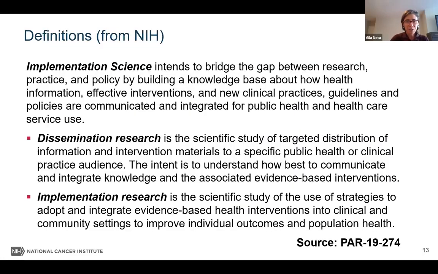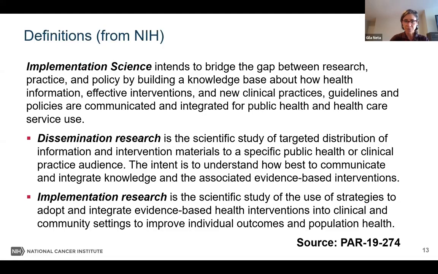So moving on and returning to definitions, I wanted to highlight how we use these terms. And these come from the Trans-NIH funding opportunities I'll be describing momentarily. But we see implementation science as bridging the gap between research and practice and policy, as Janelle highlighted nicely at the start, by building a knowledge base on how evidence can be most effectively communicated and integrated into practice.